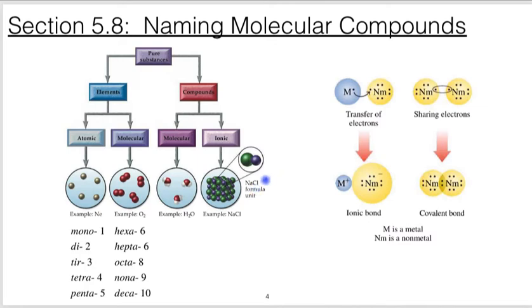Like, for example, sodium chloride here. What we did was, the first element, we just use the element's name. And then the second element, we use this IDE ending. We basically use that same format for molecular compounds. So that's one thing to note.